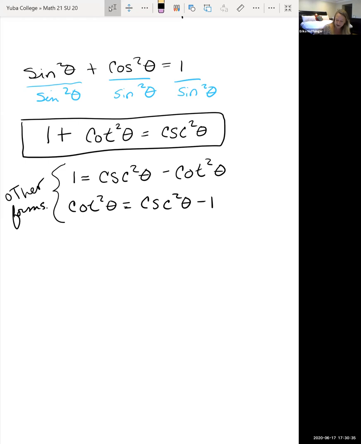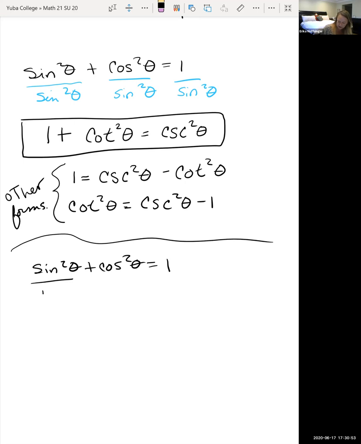Okay, so one other identity that you should quickly be able to derive if you don't have it memorized is taking the original sine squared theta plus cosine squared theta equals 1. And now instead, divide everything through by cosine squared theta.